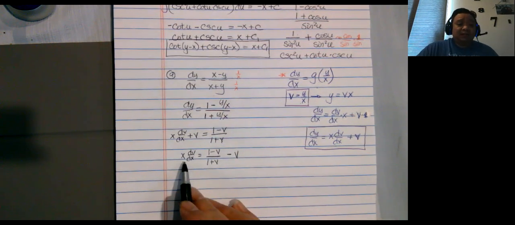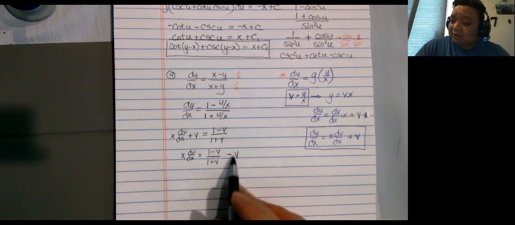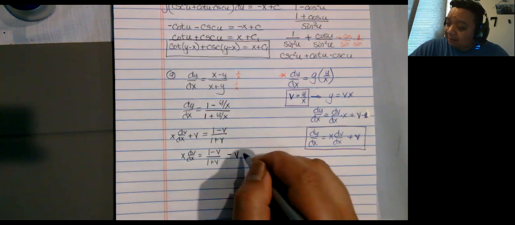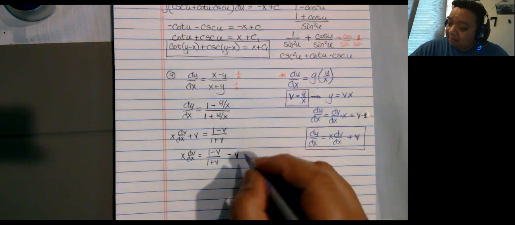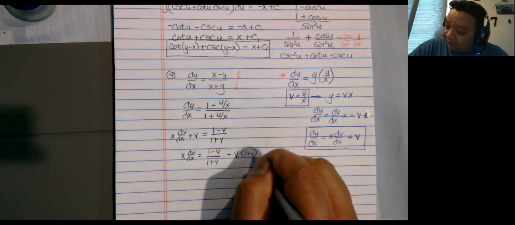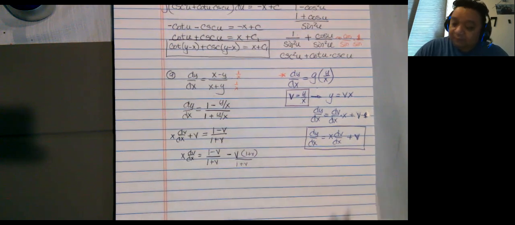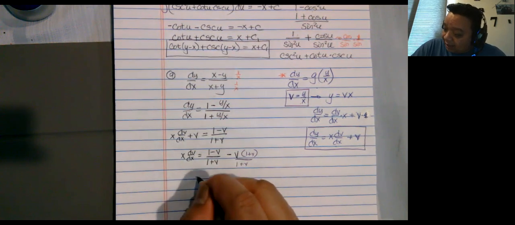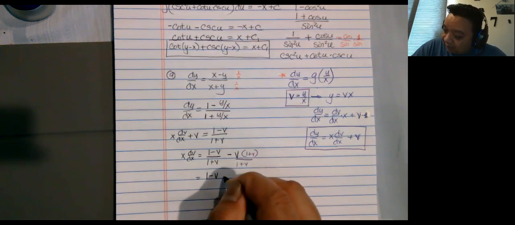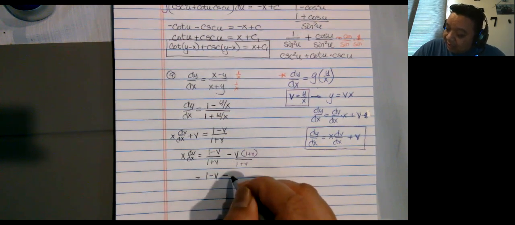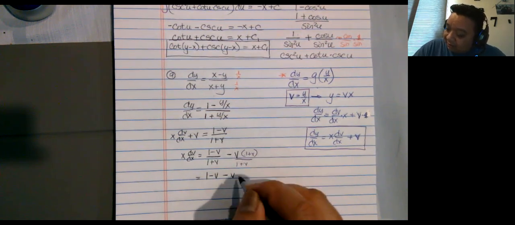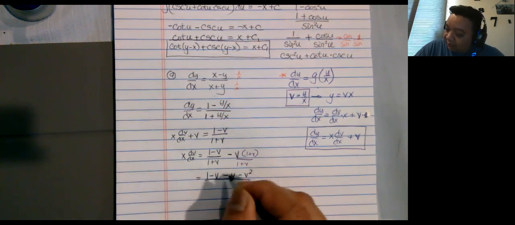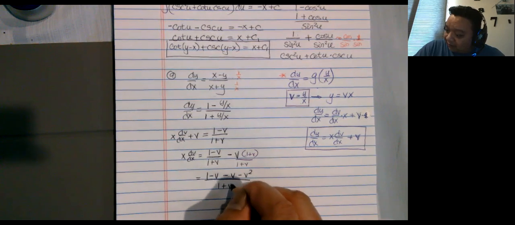Now, before I get into x, it's probably a good idea to write this as one fraction. So I do that by multiplying top and bottom by the LCD, which is 1 plus v. Okay. And in doing so, I now have a 1 minus v minus, so distribute this out, you get v, and then this times this is a minus v squared, everything over 1 plus v.